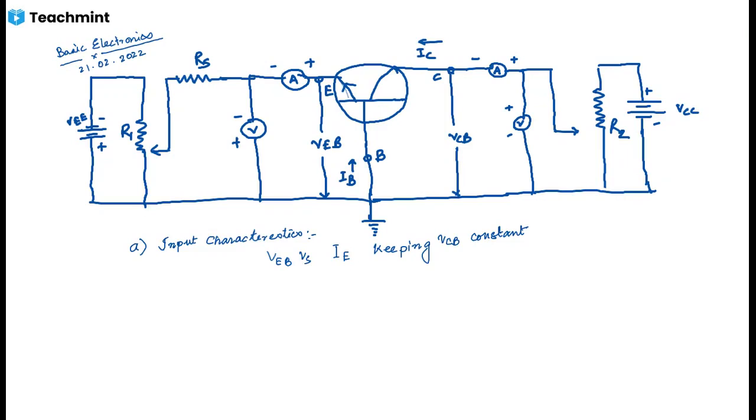That is for the input characteristics. So how will the graph look? If you see the graph, how will it look?